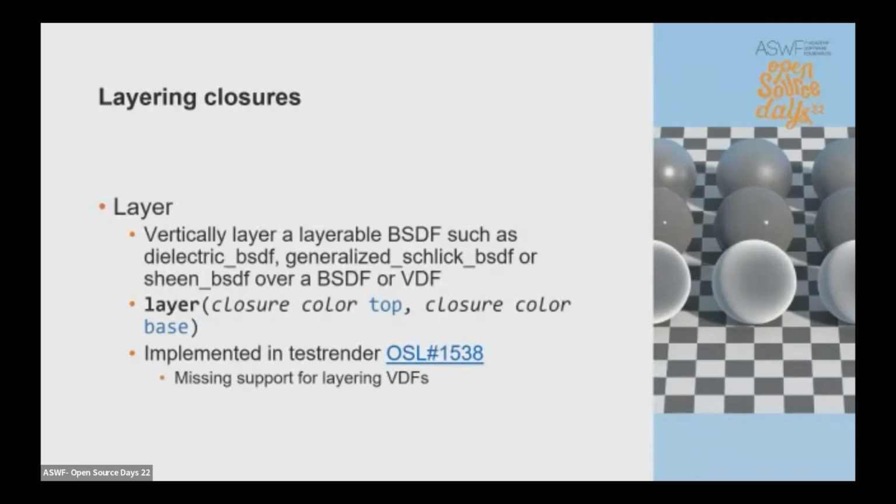So the integrator could do something as simple as compute the reflectance of the top closure, then pass the rest of the energy to the base closure, or do a full brute force Monte Carlo simulation to compute the thickness of the material, for example.